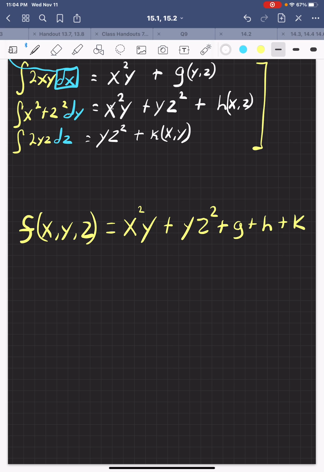If you look that answer up in the back of the book, they're simply going to take all of these constants and put them in as one constant.